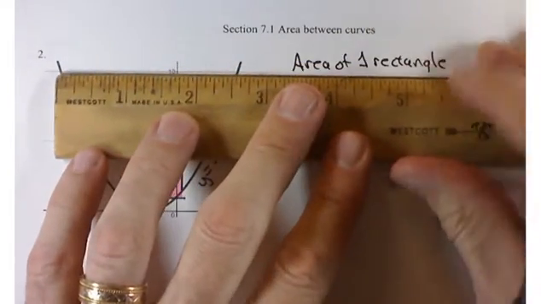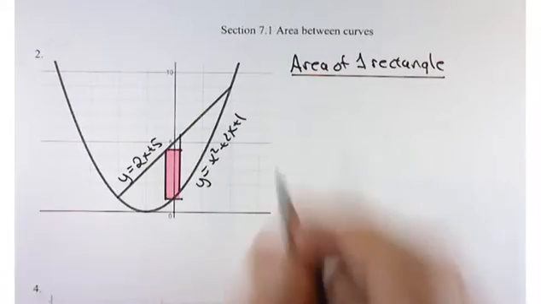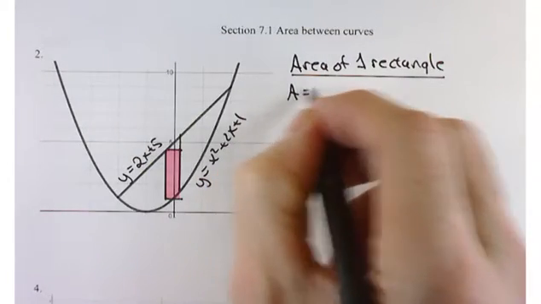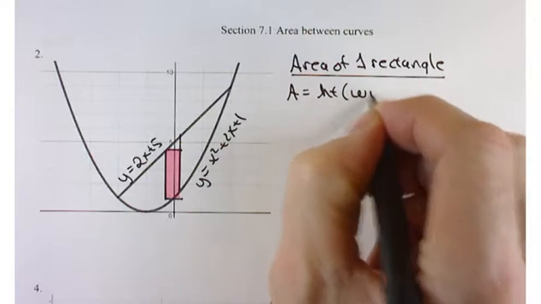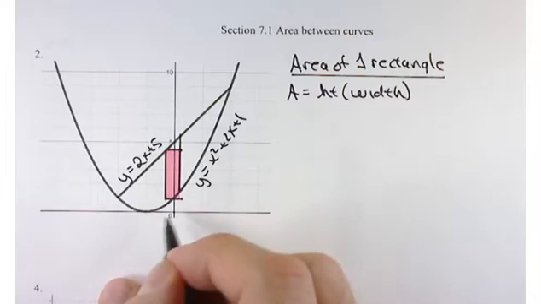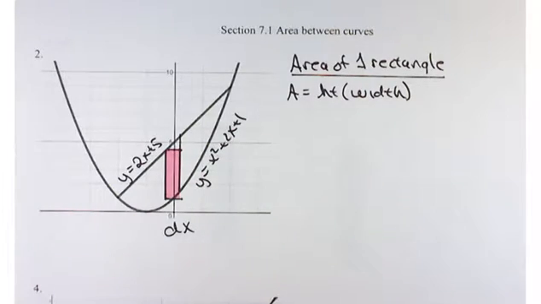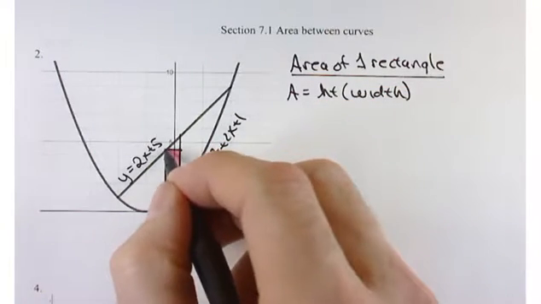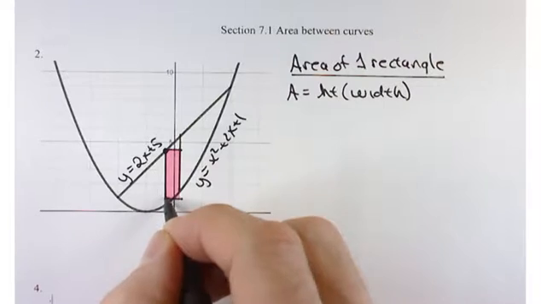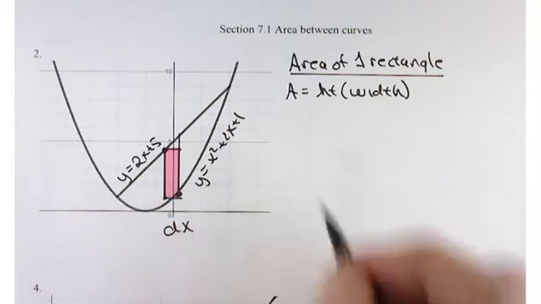The area of a rectangle is just the height times the width. The width is pretty easy. The width is going to be delta x, or better yet, we're just going to use dx. The height is a different matter. For the height, we're going to need the top minus the bottom. So what's that going to look like?